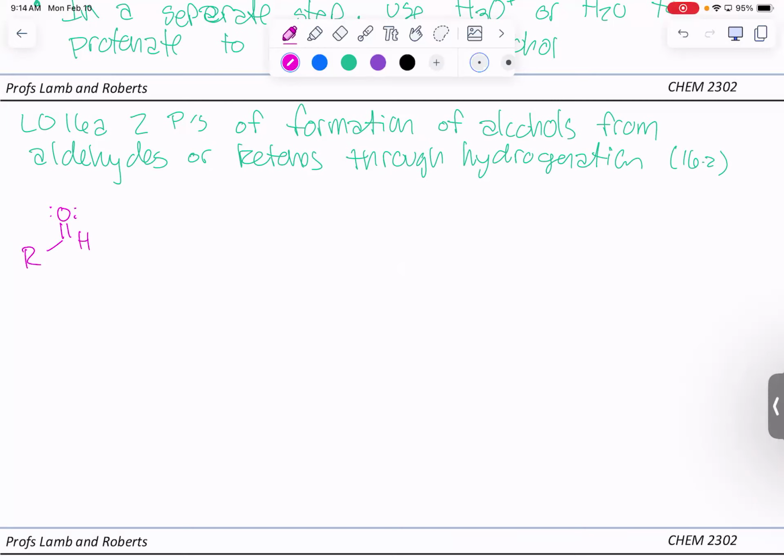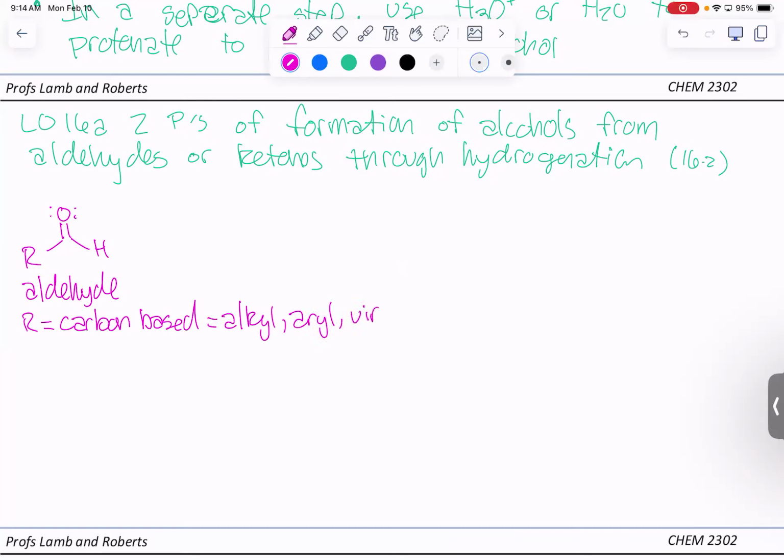So you will recall that this is what the structure of an aldehyde is. We can draw the H in, or sometimes we don't draw it in. It doesn't matter. All right, so the R groups here, as we said, are carbon-based groups. So we can have alkyl groups, aryl groups, vinyl groups, which means there's a double bond, and alkynyl groups.